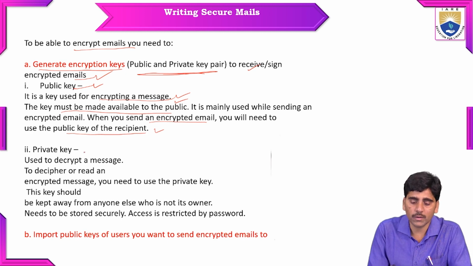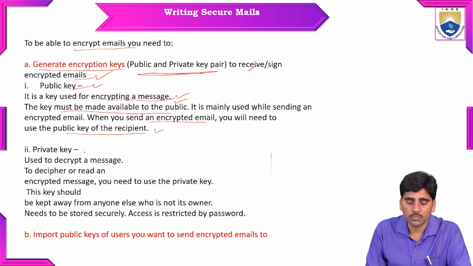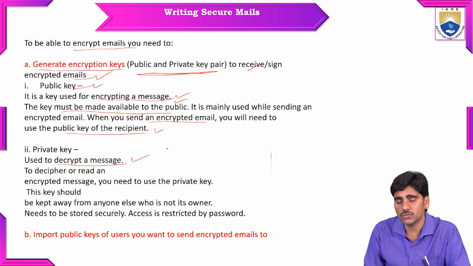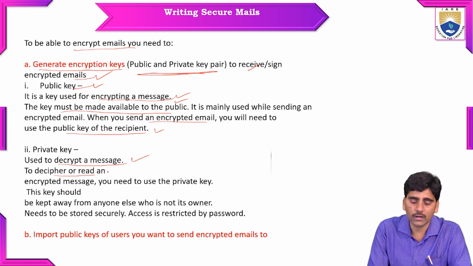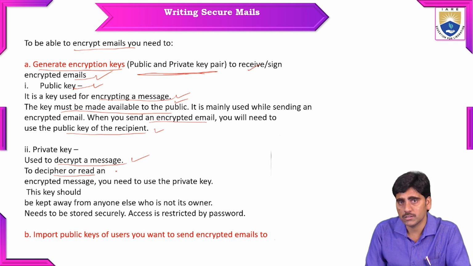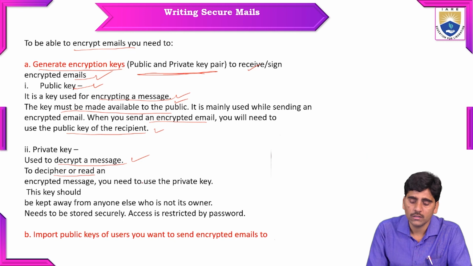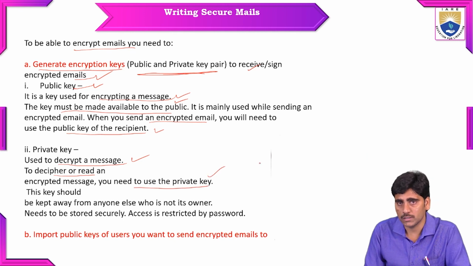The second one is the private key. The private key is used to decrypt the message. To decipher or read an encrypted message, you need to use this private key. It is used for decrypting the message or the file.